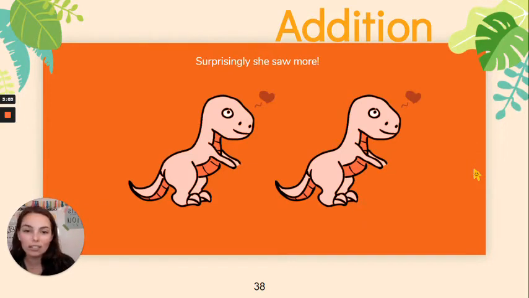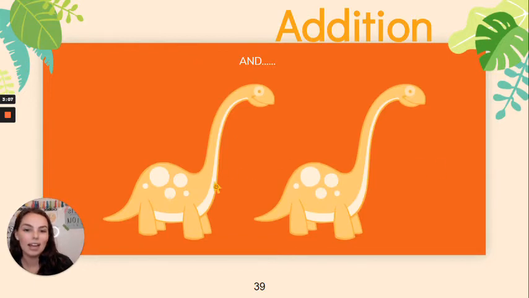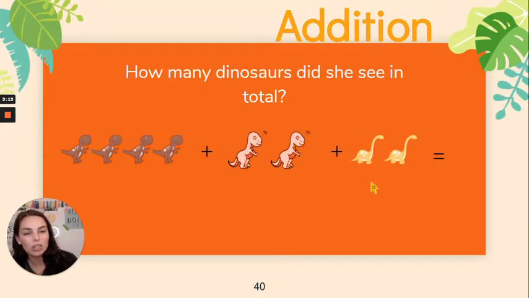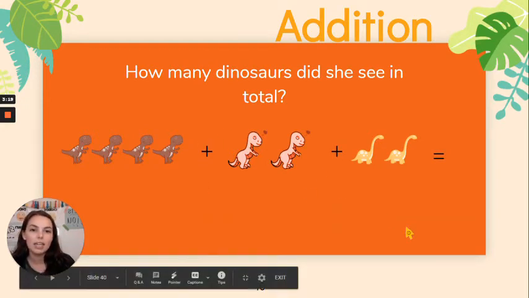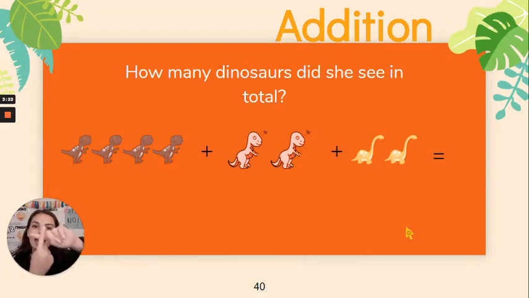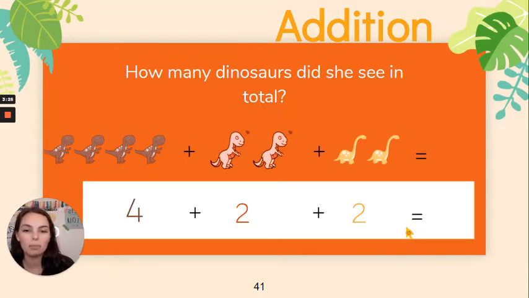Surprisingly, I saw even more T-Rex. And then I saw these dinosaurs, the long necks, 2 of them. So how many dinosaurs did I see in total? I see my plus signs. If I keep having more and more and more, that means I need to add to count them all up.